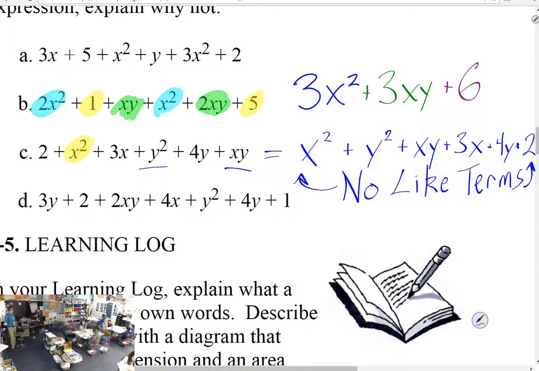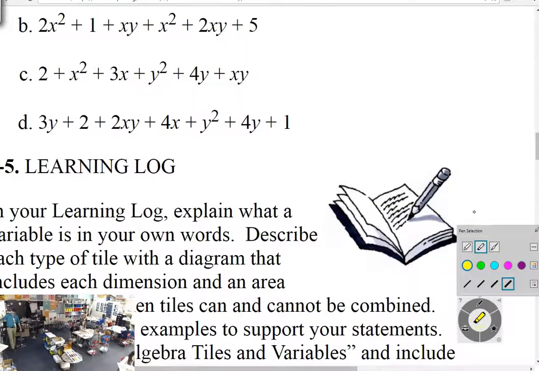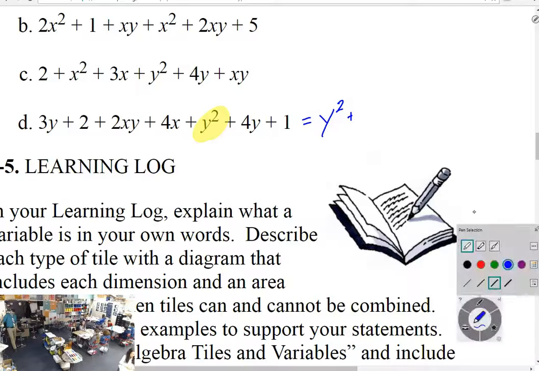Now, does D have like terms to be added? Hold on. Let me capture this real quick. All right. What do I start with? I don't have an x squared, so if I start with y squared, it has nothing to group with. He has nobody. I'm so lonely. All right, what else? 2xy.